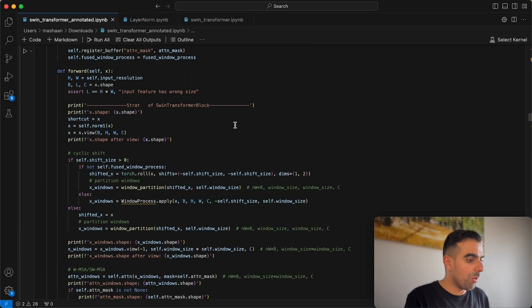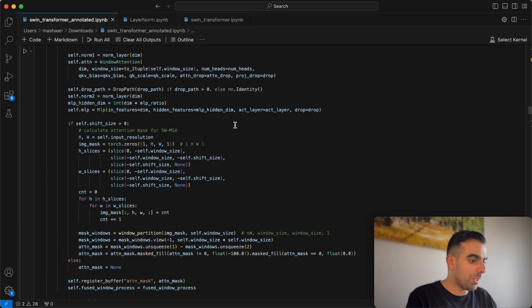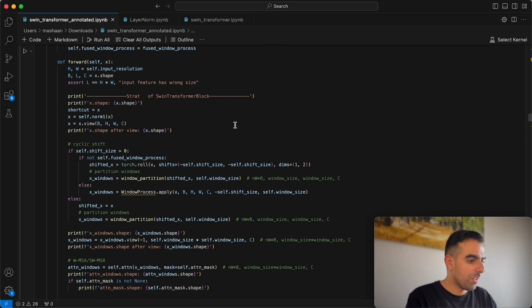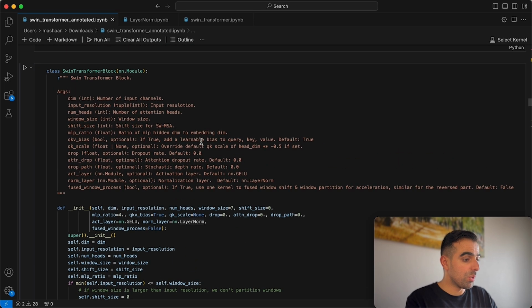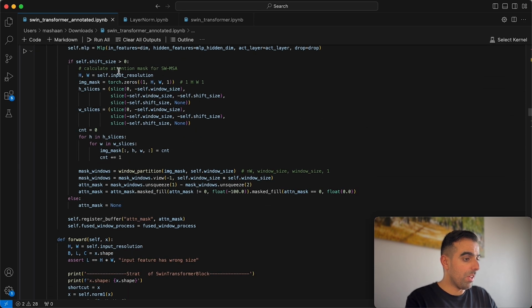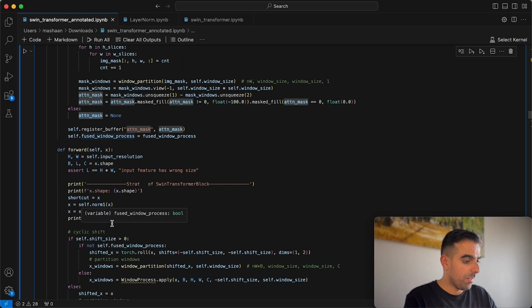In the transformer block, here I put print statements almost everywhere, just to see how the multi-dimensional array is changing. So at the beginning of the Swin Transformer block, if the shift size is greater than 0, it will create an attention mask, and if it's not greater than 0, the attention mask will be none.